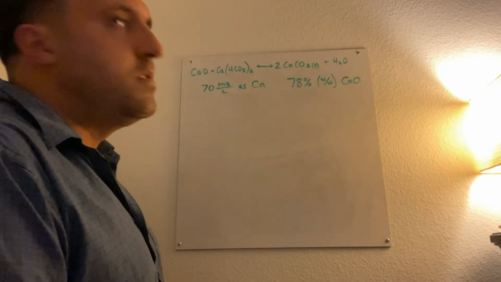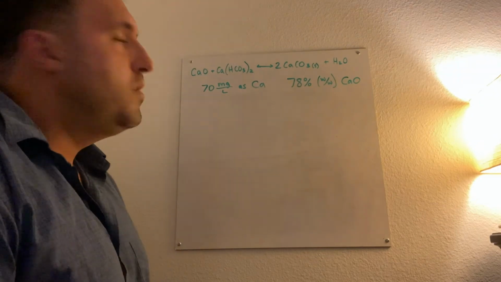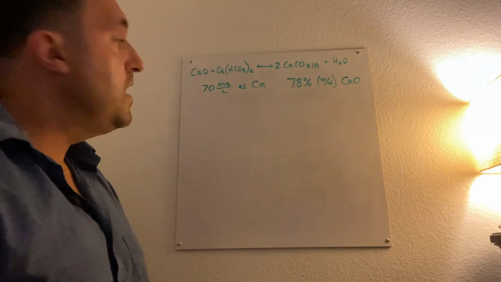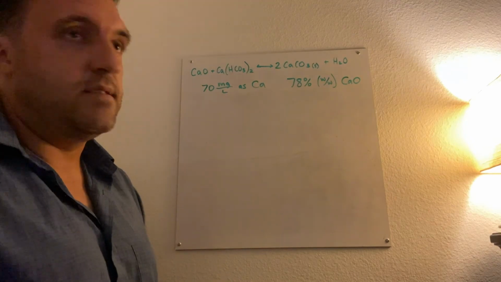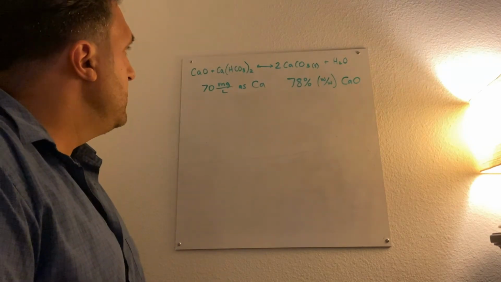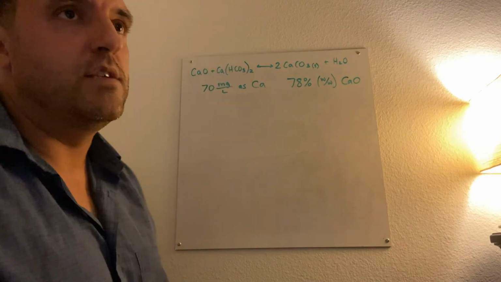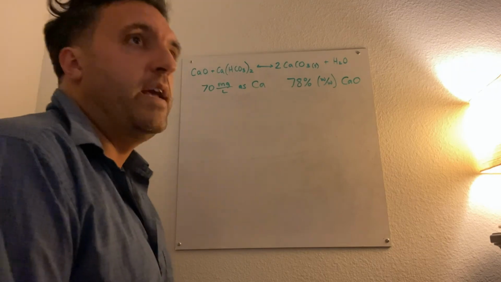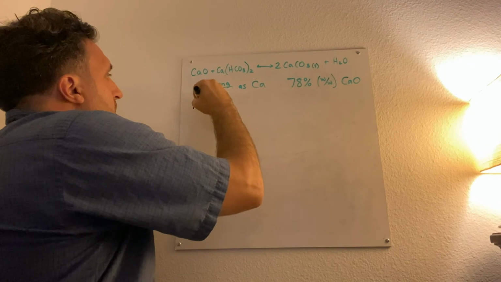For this example, we're trying to determine how much lime is needed to soften water with a given concentration of calcium bicarbonate. So we've got 70 milligrams per liter as calcium, and the molar relationship between quicklime and calcium bicarbonate is 1 to 1. So the first thing we need are the molecular weights of the two compounds of interest.